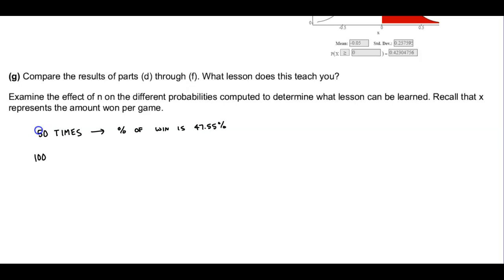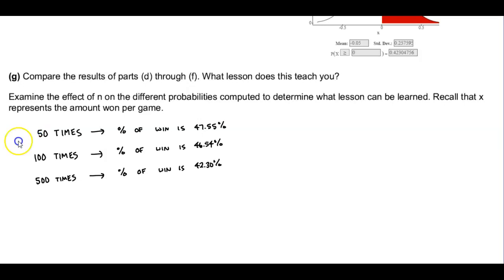If you play the game 100 times, then the percentage of winning is 46.54%. And if you play the game 500 times, then the percent of winning is 42.30%. And then you answer your question accordingly.